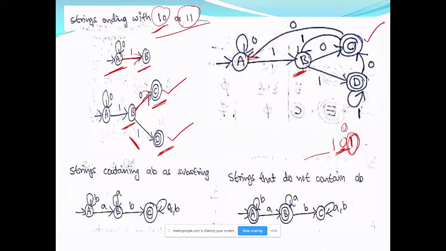Now when you are in D, your last two input symbols are 1 1. Now suppose I get 0. What happens? The last two symbols will become 1 0 and C is the state for remembering 1 0. Remember, in DFA or FA, one state will remember one configuration. If you mix these two, it may accept some strings which are not in this pattern.